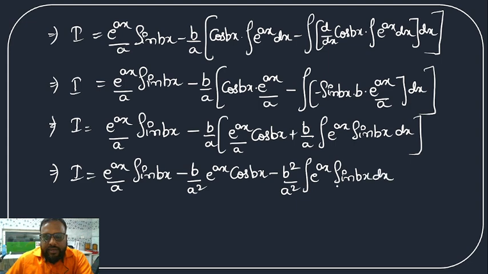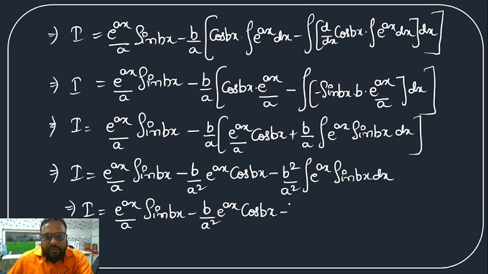As I discussed earlier, in the place of this, I will write it as I. So this becomes I equal to e to the power of ax by a sin bx minus b by a square e to the power of ax cos bx minus b square by a square I. Now minus b square by a square I we take to the LHS.